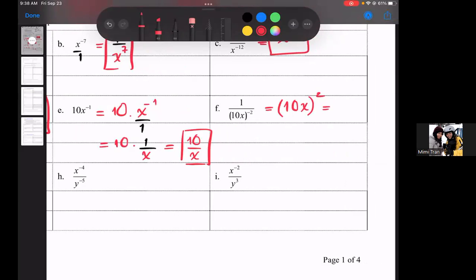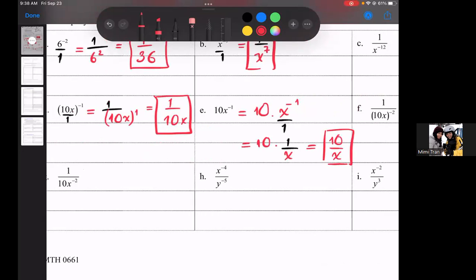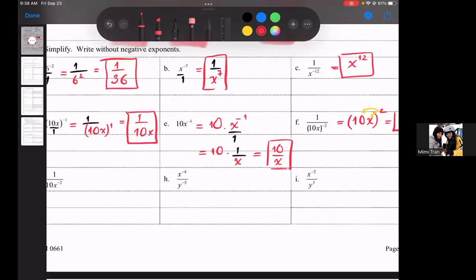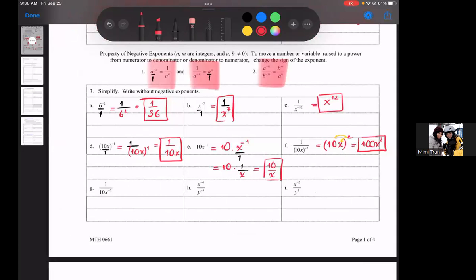You distribute the 2 into everybody, the 100x squared, right? Sorry. Yeah. You make it smaller so you can see everything.